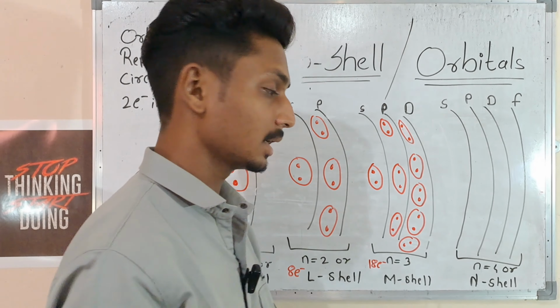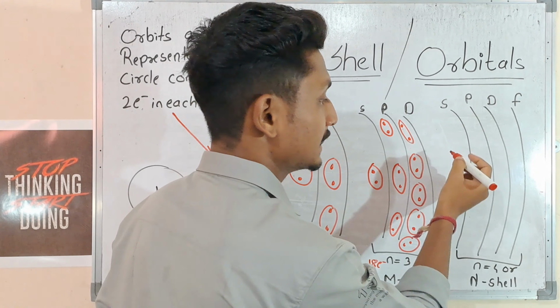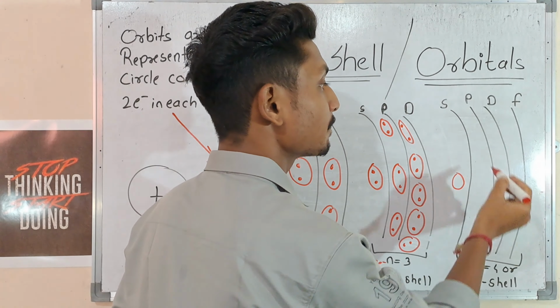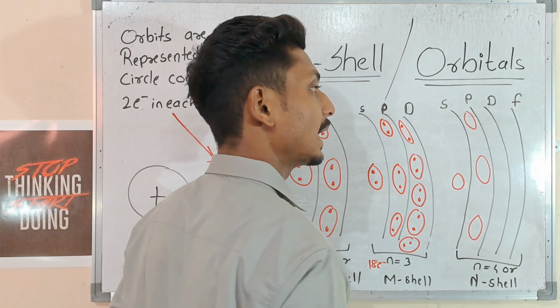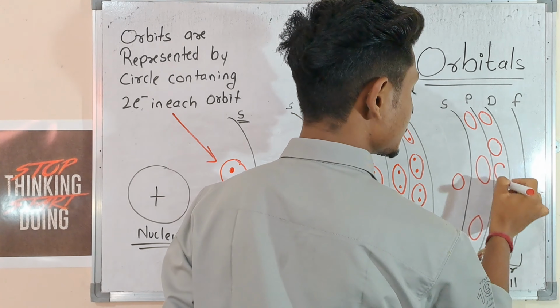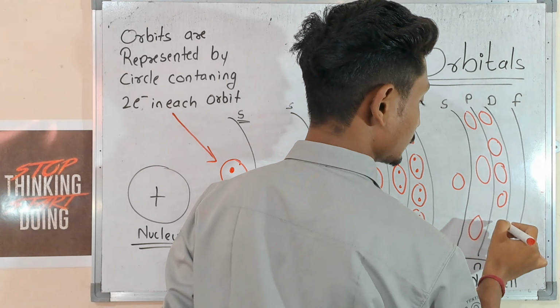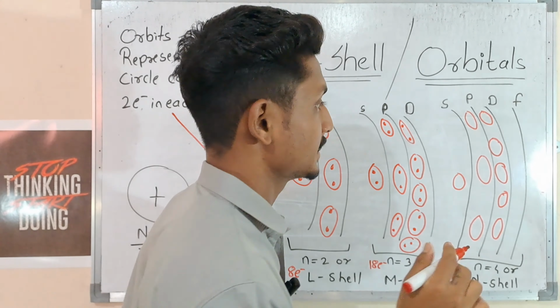And the N shell has four subshells. S has one orbit, P has three, D has five orbits, and F has seven orbits.